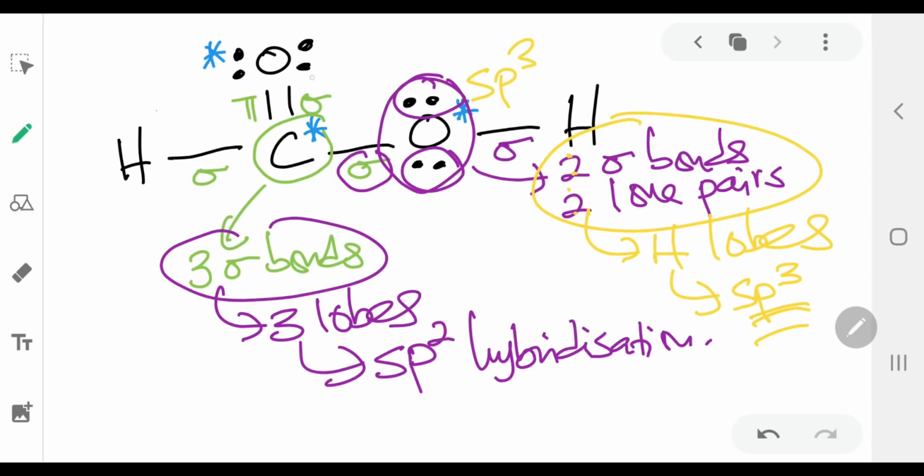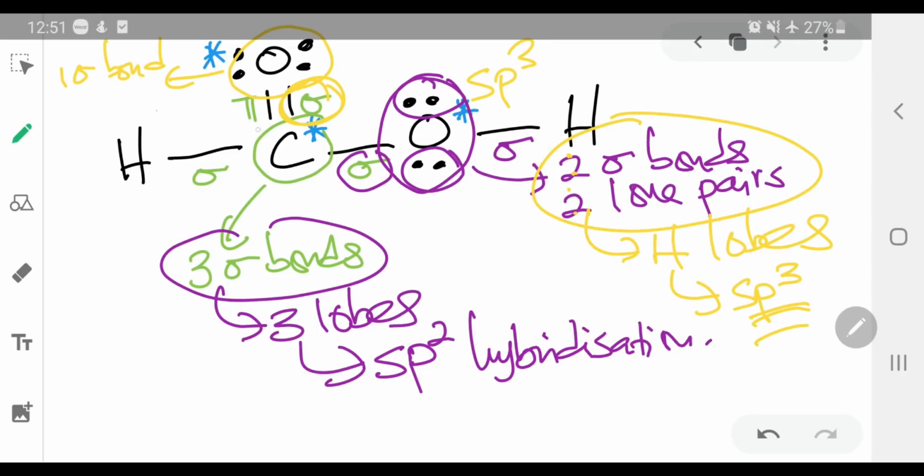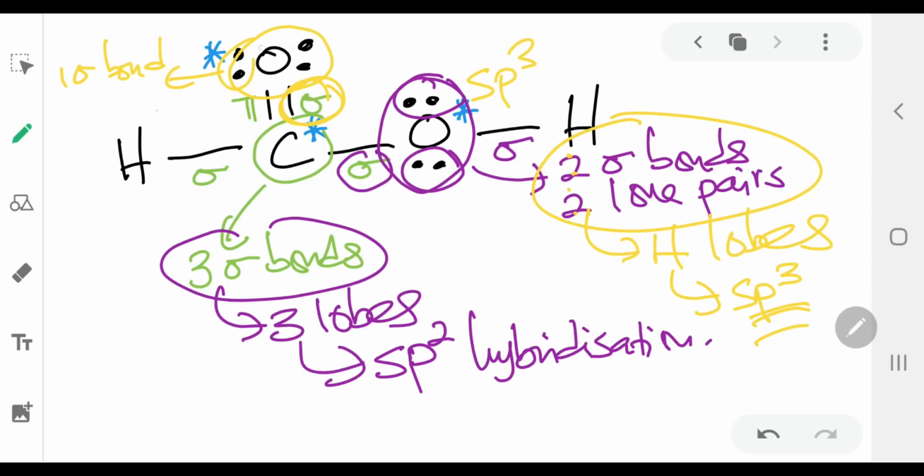And what about that one? Okay, so for this oxygen, it has 1 sigma bond right there, and it has 1, 2 lone pairs.